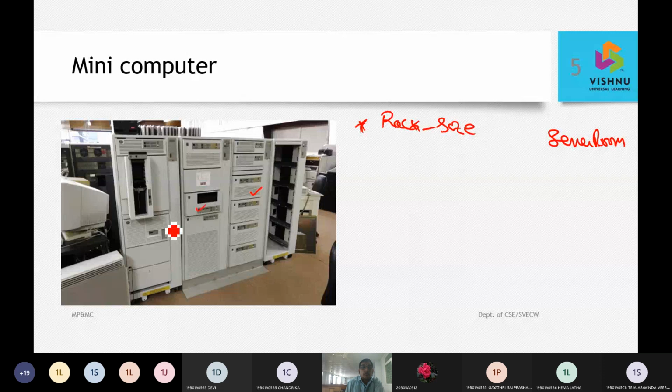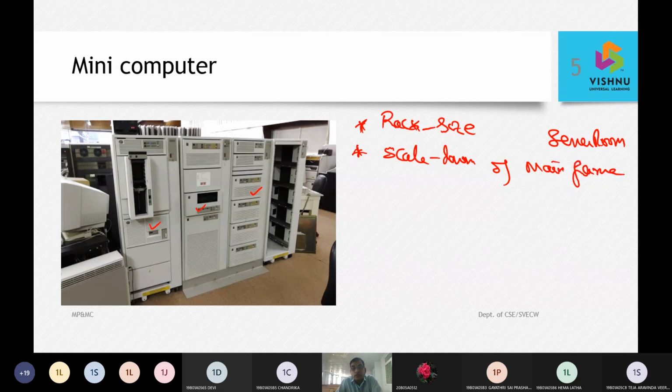In the form of racks, the CPU is taken up, and there we can call it a scale down of the mainframe.